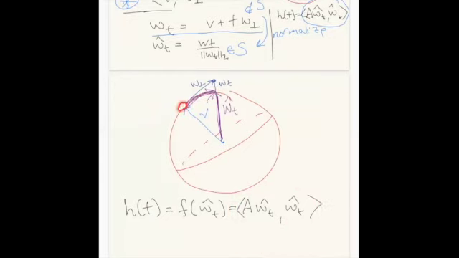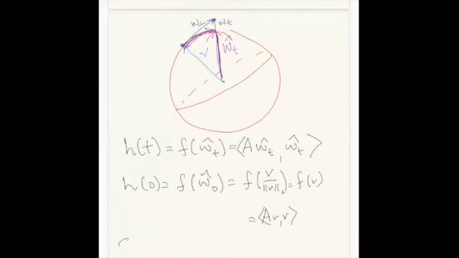And at 0, h of 0 is f of W0 hat, but W0 hat corresponds to when we add nothing to V. So this is just V divided by norm of V, which is 1. So f of V, which is AV V. And this was the maximizing among all of them. So h of t is always less than or equal to h of 0, because this was the maximum. Did that clarify, David? Do you have more?